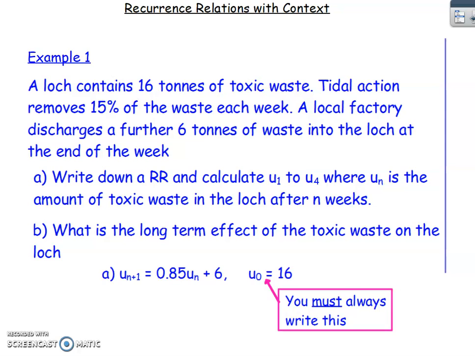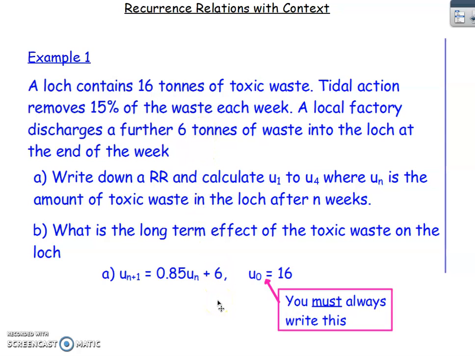So let me just talk about where you're getting these things from. u(n+1) is your next term. So in this context, that means next week, equals 0.85. That's coming from the 15% that's been removed. You're doing 100 subtract 15 over 100, giving you 0.85, times by how much you've got this week, u(n), your current week's waste, and then plus 6, because the factory is adding on 6 tonnes of waste at the end of each week.